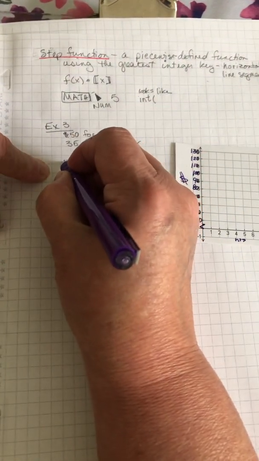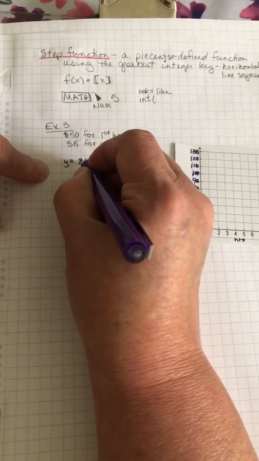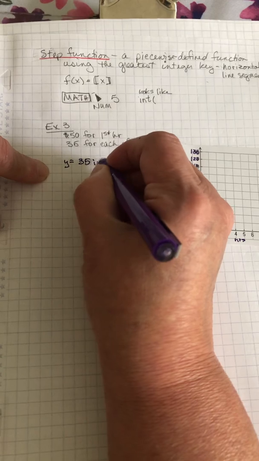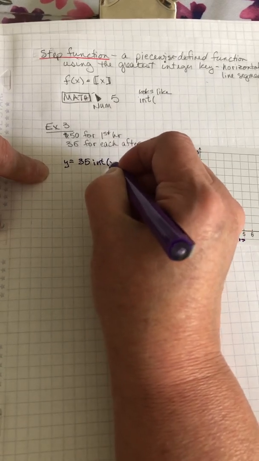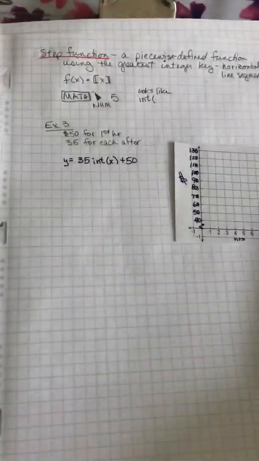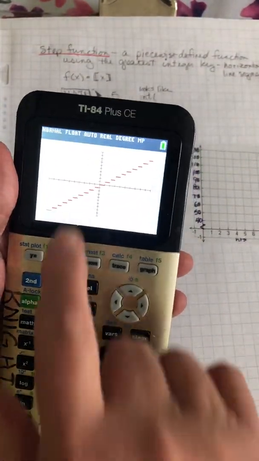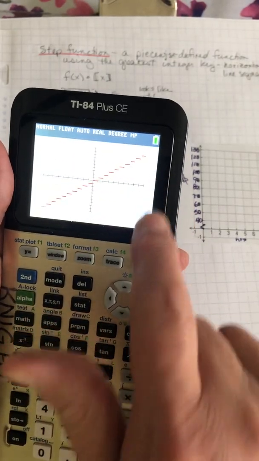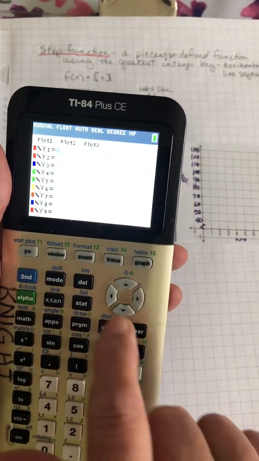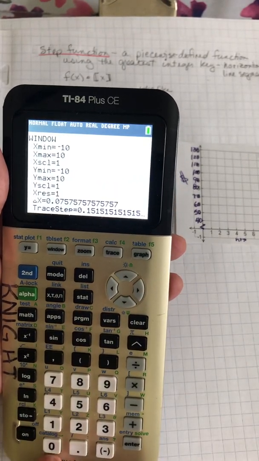The equation we're going to input is y equals my rate of change, 35, times INT x plus 50. Okay, now I have to change my window for this because it's not going to even show up on a standard graph. I'm going to clear that. Okay, but if I change my window, my x-min can be 0.